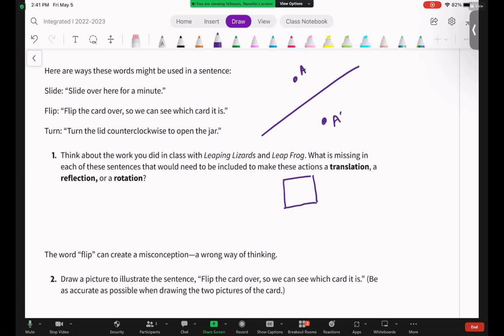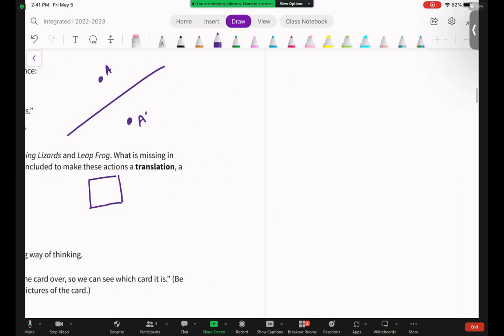So they gave you a defined line of reflection. You can't just say reflect. Imagine if I said, here is, I don't know, a triangle, and I said, reflect that triangle. The first question you should ask is, reflect it across what, right?